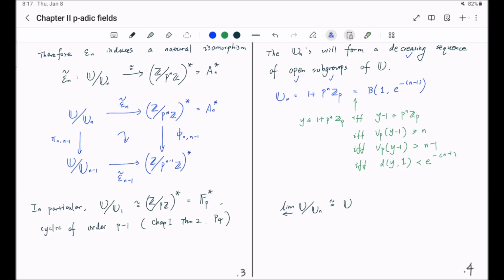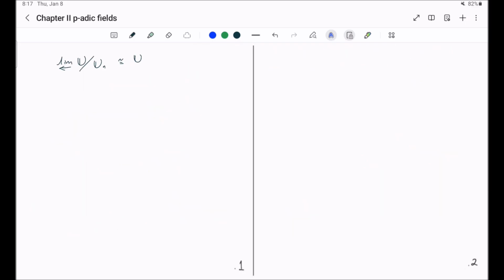Now let's check this. The verification is straightforward. You basically just write down the definition of both sides. For the left-hand side, this is a collection of elements, infinite sequences of this infinite product satisfying the compatibility condition.